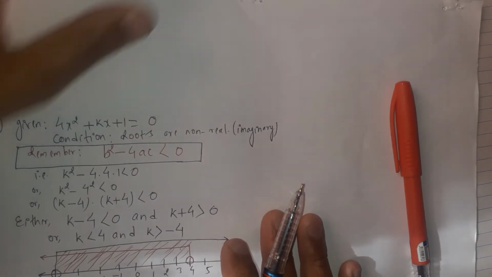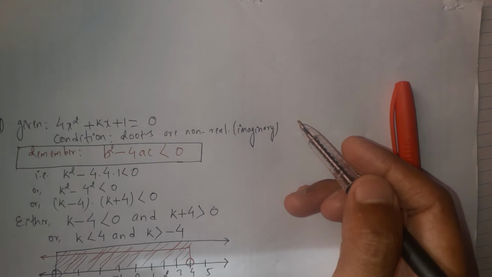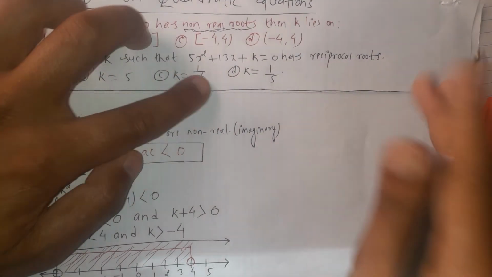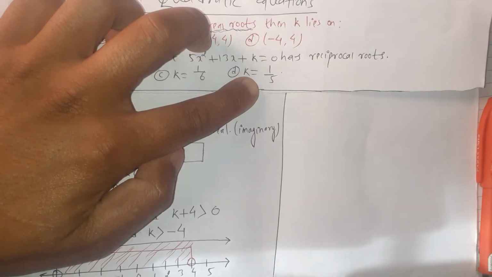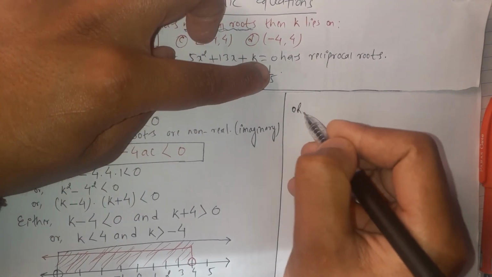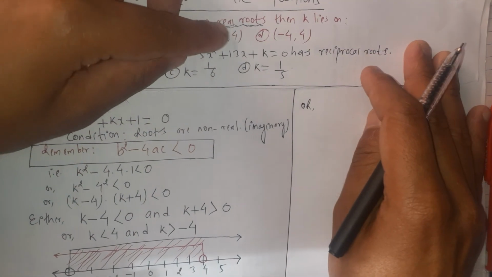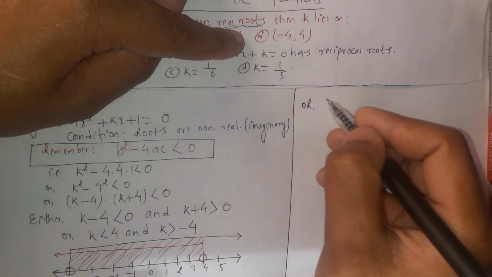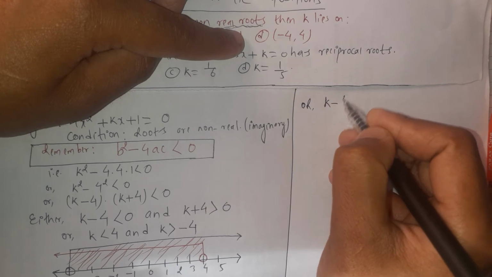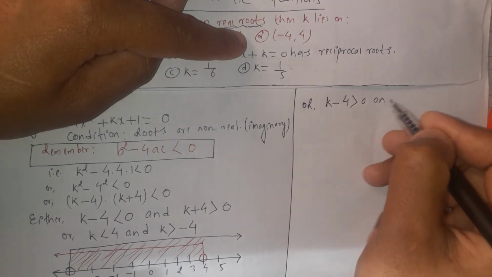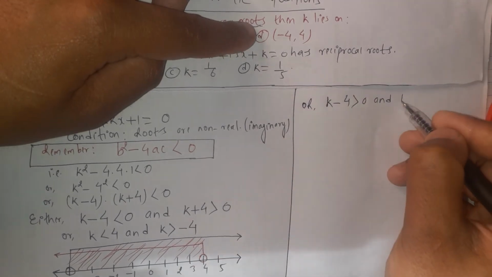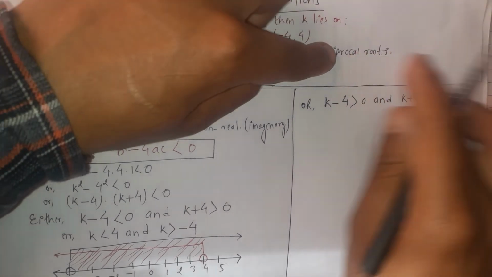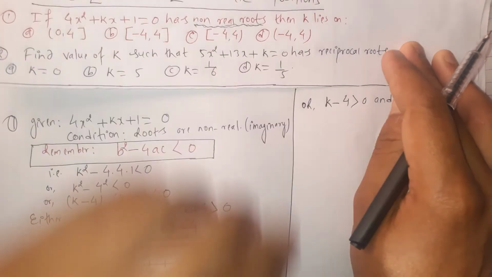Another possible case is: k minus 4 is positive and the second one, k plus 4, is negative. Now solving these inequalities.